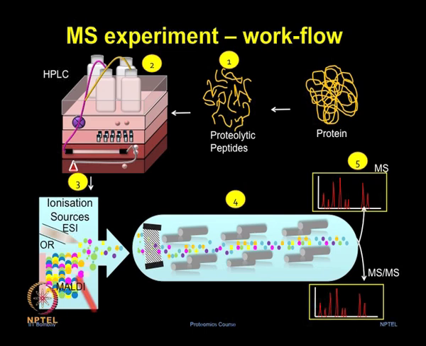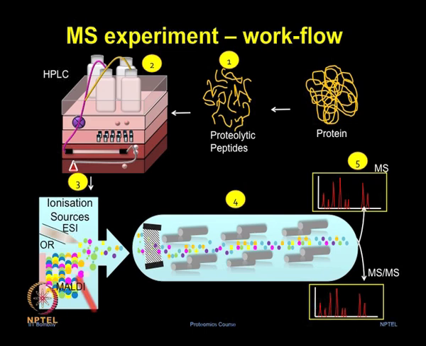Protein samples are digested using trypsin and peptide mixtures are fractionated by using liquid chromatography or LC. These fractions are subjected to an electrical potential which results in a spray formation. In ESI or electrospray ionization, it leads to desolvation and ionization of peptides.